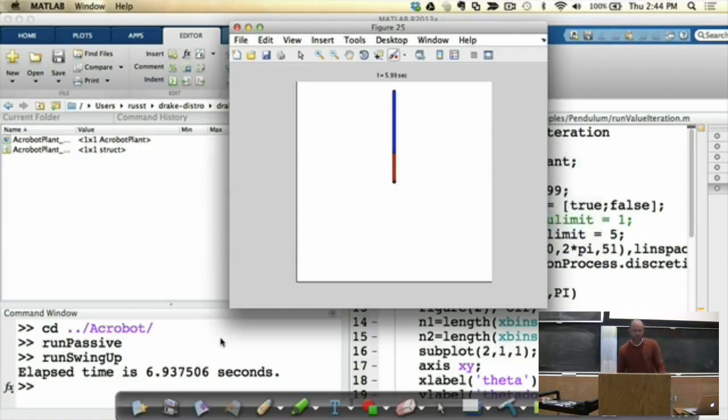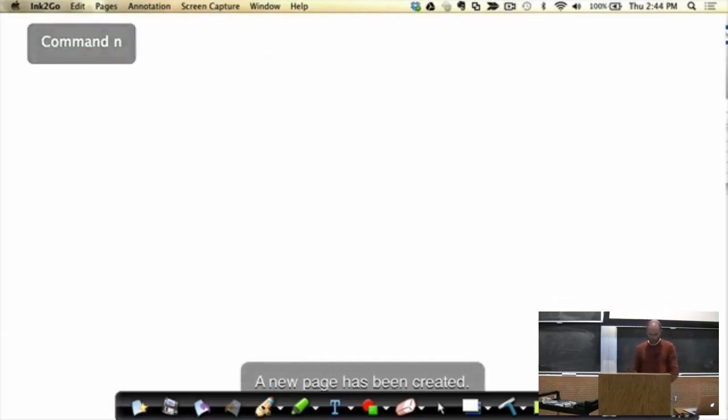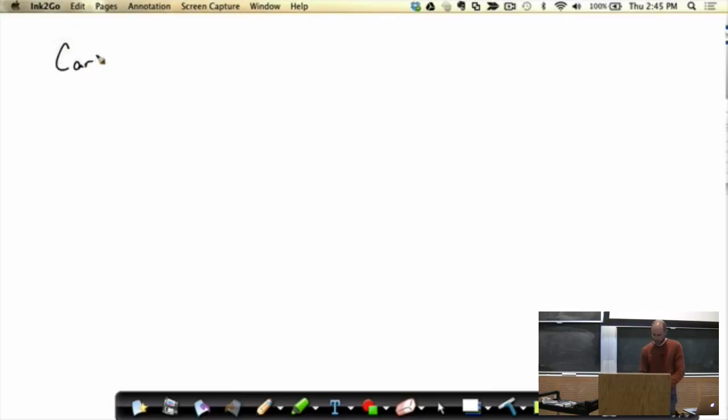So the acrobat's going to be the first system that we're going to take to fruition here. Right alongside that, we'll do the cart-pole. Some people call the cart-pole system the inverted pendulum, but since we just did a chapter on the inverted pendulum, I've got to call this one something different.